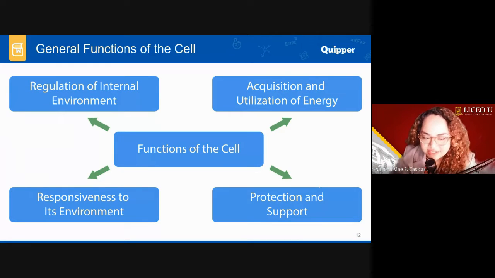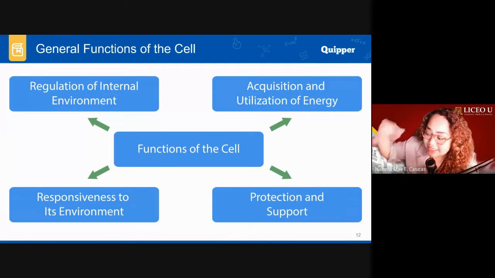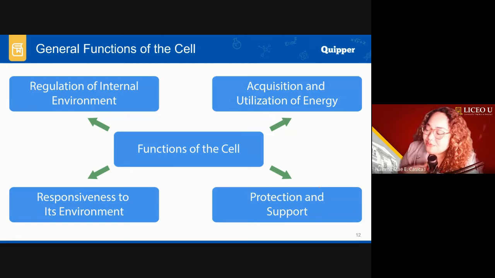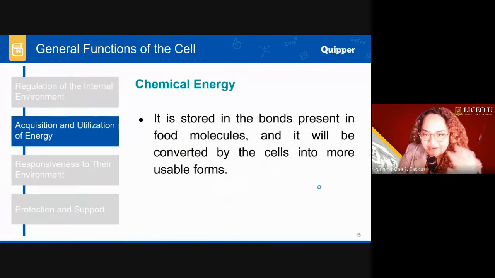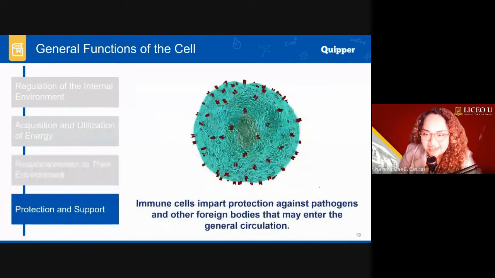Our cells are also able to respond to stimuli. And lastly, our cells are for protection and support. Imagine without skin cells, without support for our muscles, we would be like a titan. Without the cells, we are not properly protected and supported.